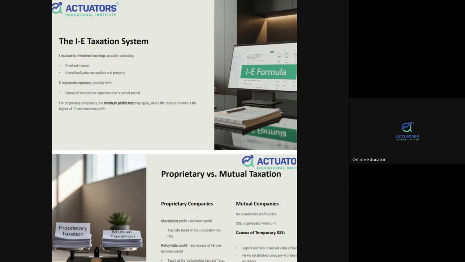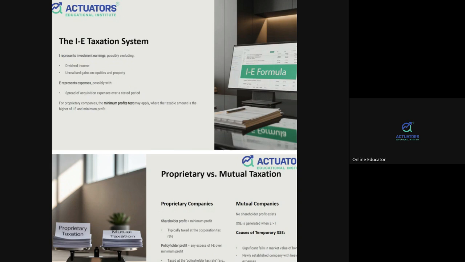This means that the minimum taxable amount for a proprietary company who is taxed under an I minus E basis needs to be at least the trading profits. Okay. So if at any point of time it so becomes the case that your I minus E profit is lower than the trading profit, when can that be the case? When your, say, policyholder profit is negative?